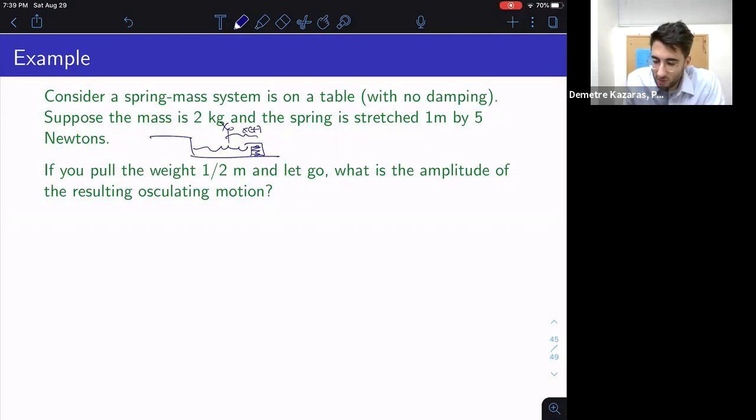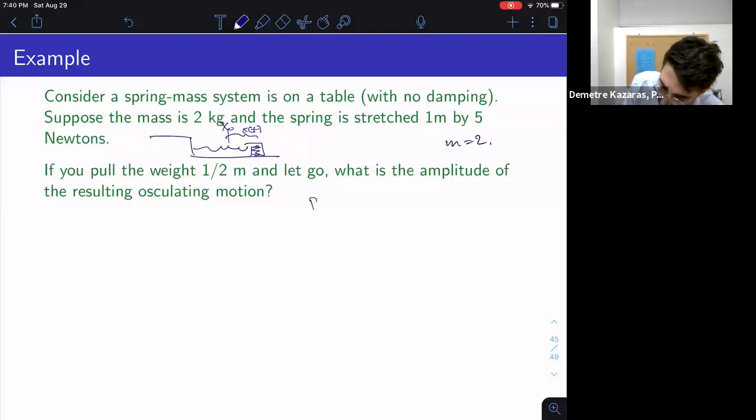And so what do we need to do? Well, in order to describe the system, we need to know what the mass is. So the mass is 2 kilograms. And for the spring, we need to know something about that. That is described in the following way: if you act on it with 5 newtons, that will stretch the spring 1 meter.